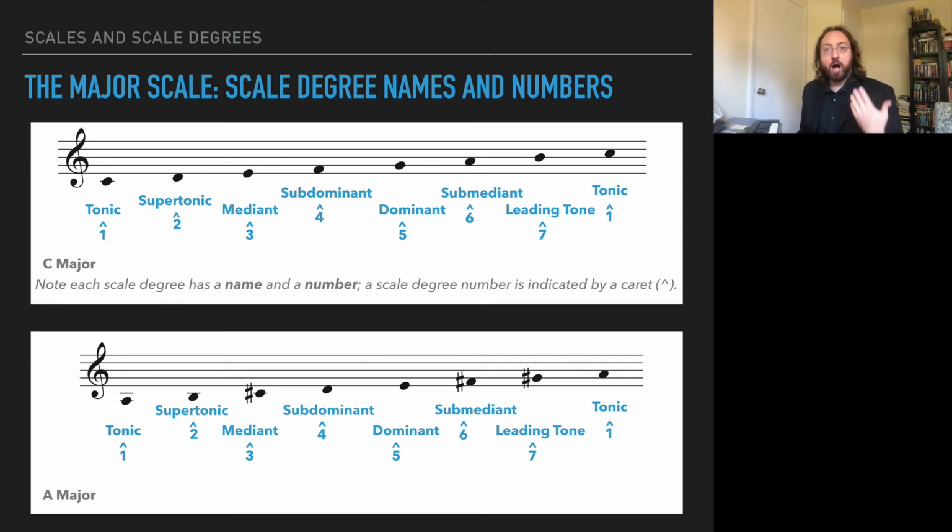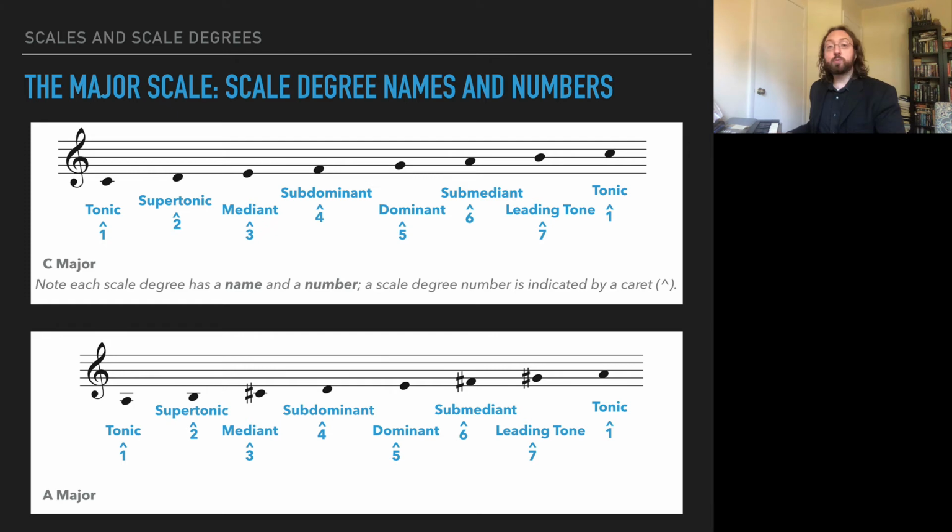Likewise, I remember thinking when I first learned these names, well, the subdominant is called the subdominant because it's the note below the dominant. A, B, C sharp, D, there's our subdominant, and then E is the dominant. But actually what's going on there is it's talking about relationships by fifth relative to the tonic.